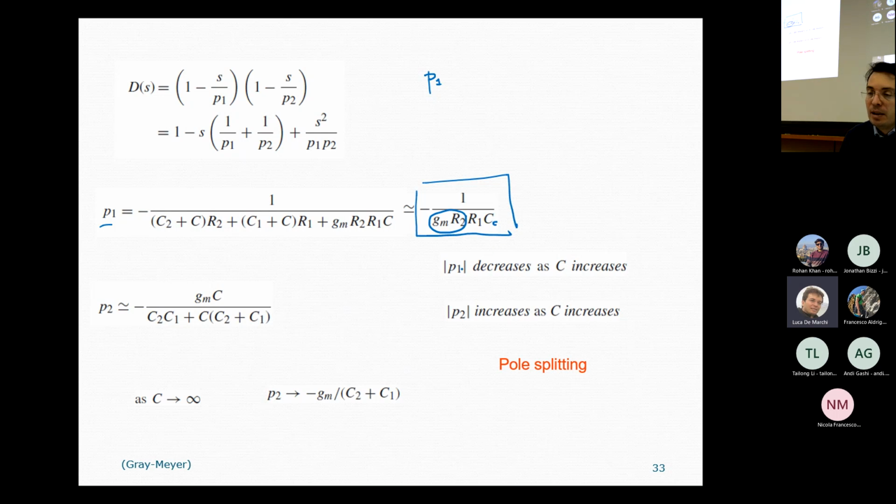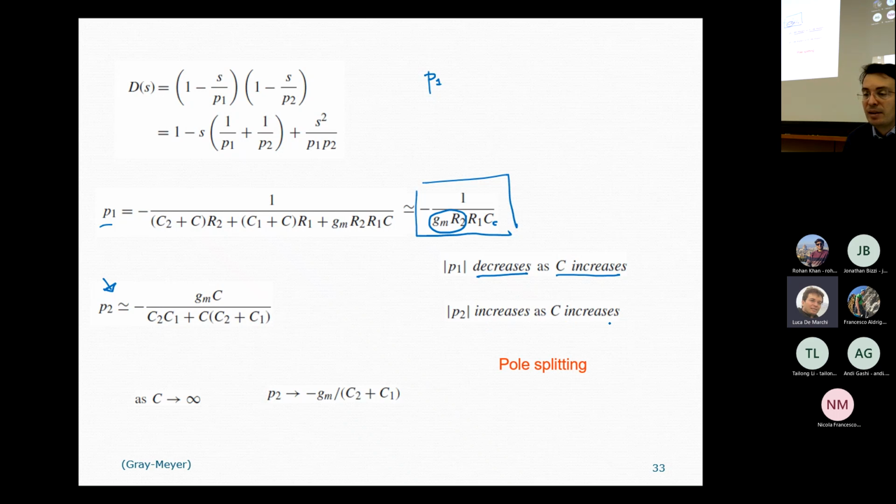Concerning the second pole, it is given by this expression. And what is interesting is that P1 tends to decrease as C increases, while P2, vice versa, increases as C increases.